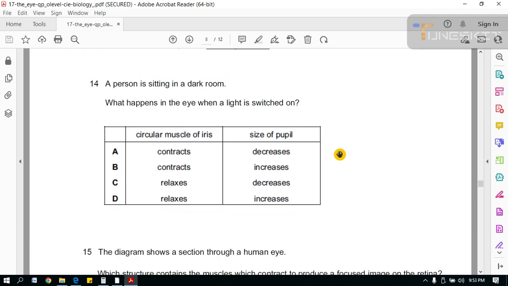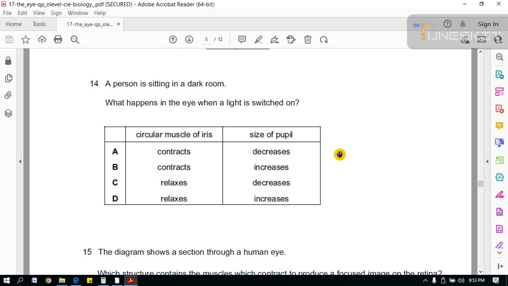A person is sitting in a dark room. What happens in the eye when a light is switched on? Okay, I think all the questions are very similar to each other, and we can easily handle them. A person is sitting in a dark room, as for example any one of you who is sitting in a dark room.